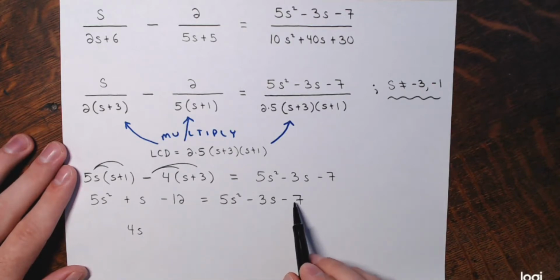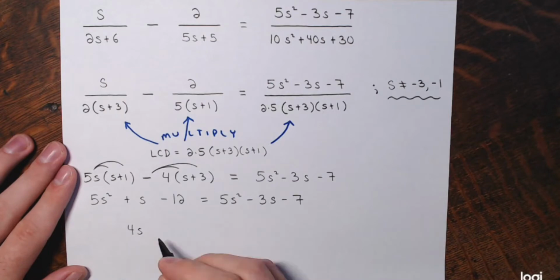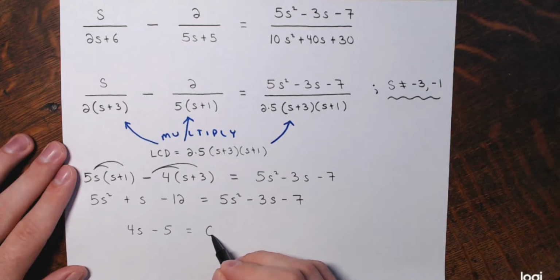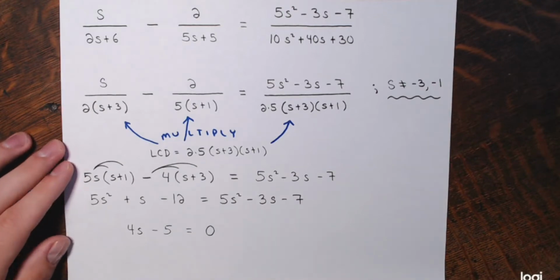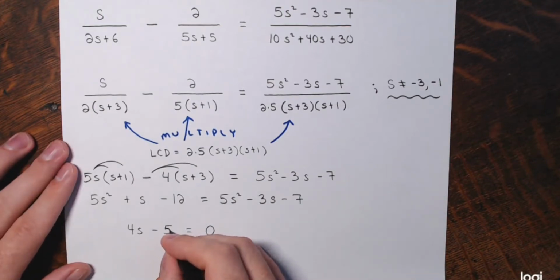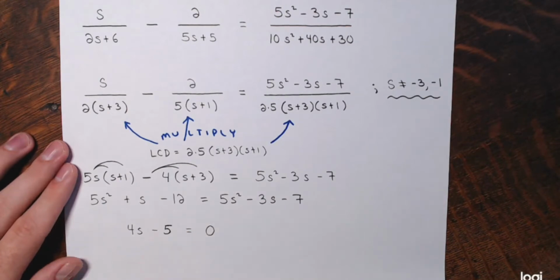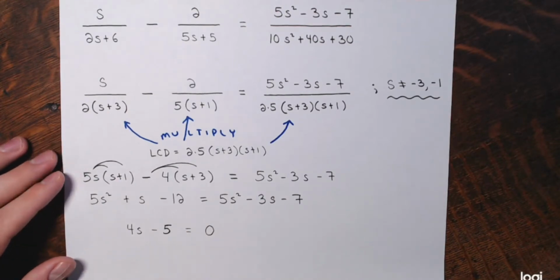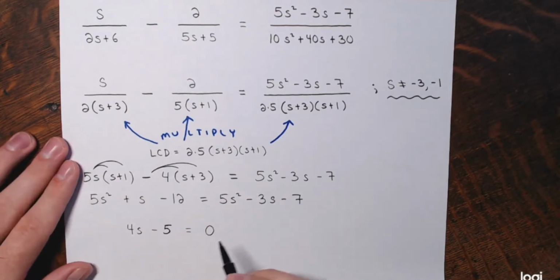Negative 12 plus 7 would be negative 5. And then I got rid of everything on the right side. So what I'm left with here is 4s minus 5 equals 0. And hopefully it's obvious now that s is 5/4. So I would add 5 and then divide by 4.